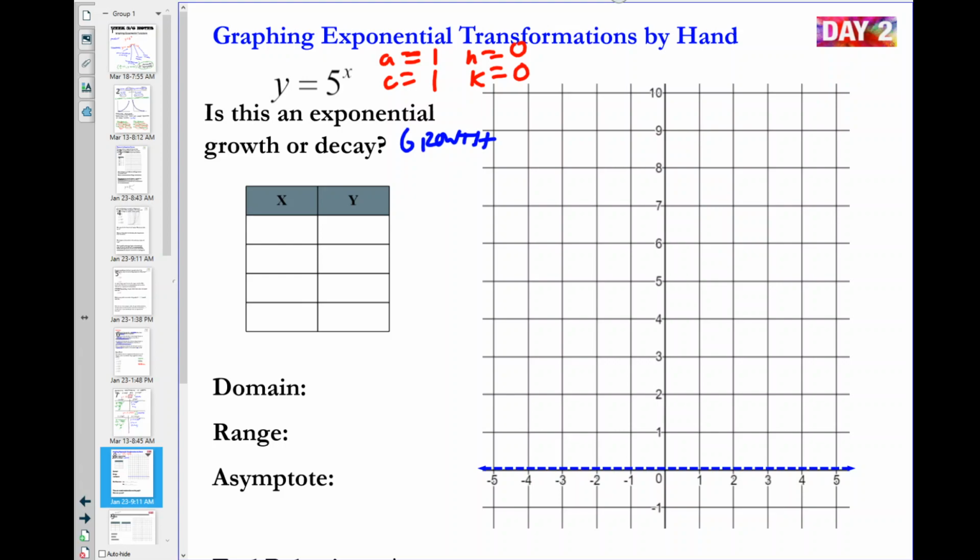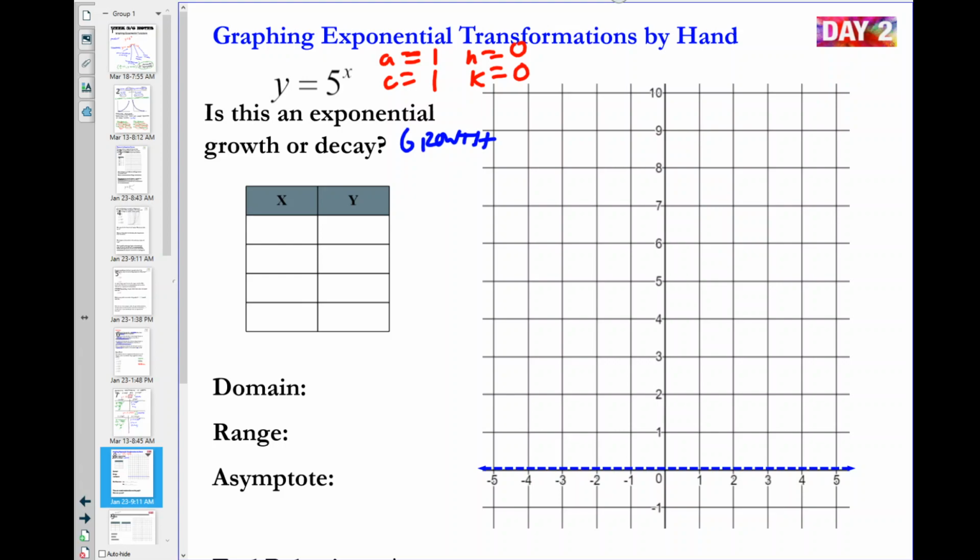Once we start getting into transformations, I'm going to use a table for the parent function. I'm not going to use a table for the final transformed one, because even if it's a growth, every growth is going to look slightly different because the base might be different. Every decay might look slightly different because the base might be different. So I'm going to use a table just to come up with a set of parent points. But then after that, I'm going to transform them.